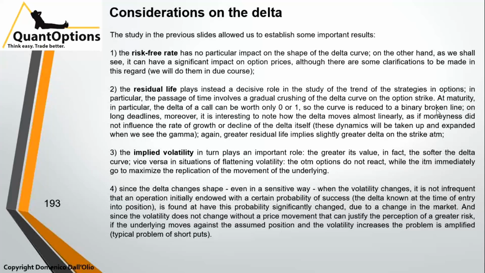And since the volatility does not change without a price movement that can justify the perception of a greater risk, if the underlying moves against the assumed position and the volatility increases, the problem is amplified, and this is a typical problem of short puts. You short sell a put, the underlying moves against you, the implied volatility increases. So you have 2 times the market against you in the same moment.